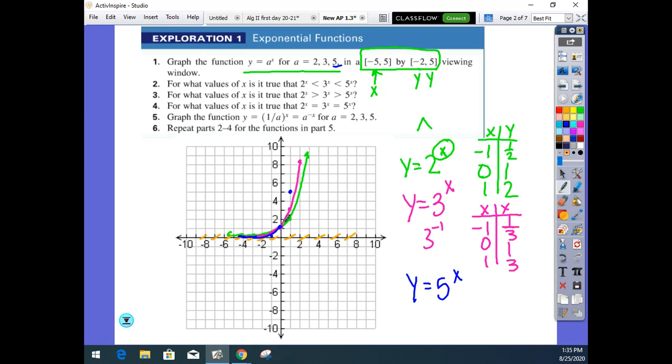But still, if you mark your asymptote on the x-axis, none of these will cross the x-axis. All right, so all exponential, I'm going to call this point right here the transition point. That's where it changes from getting really, really small to really, really big. Okay?